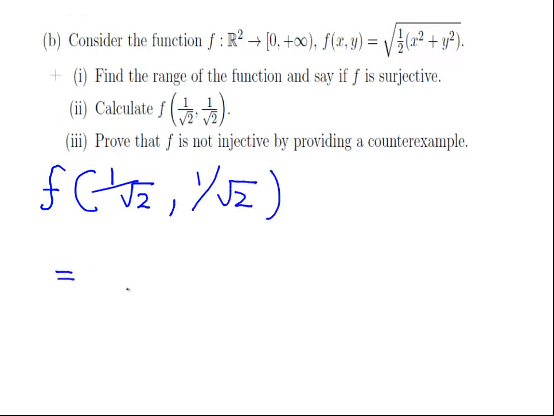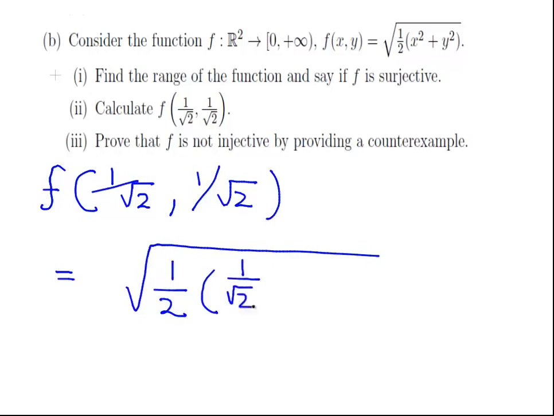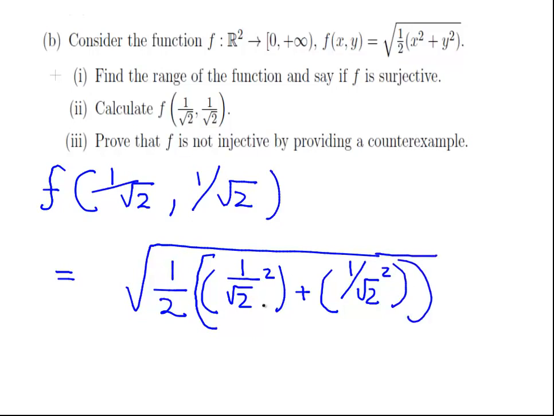That is equal to the square root of half of (1 over the square root of 2) squared plus (1 over the square root of 2) squared. 1 over the square root of 2 squared is a half.